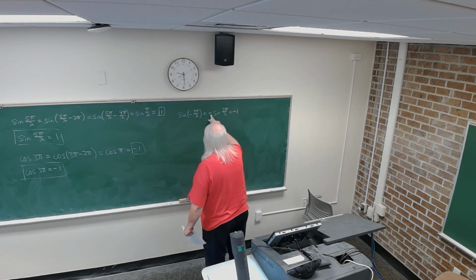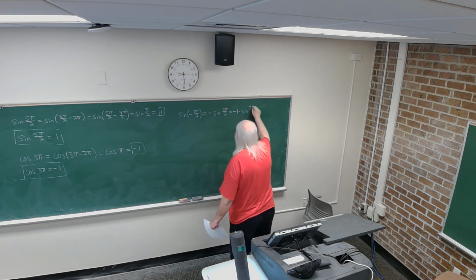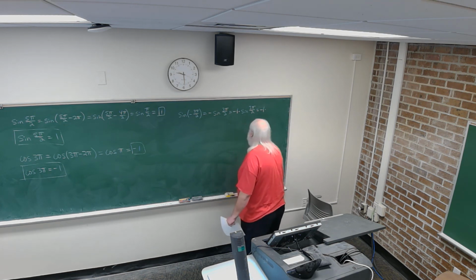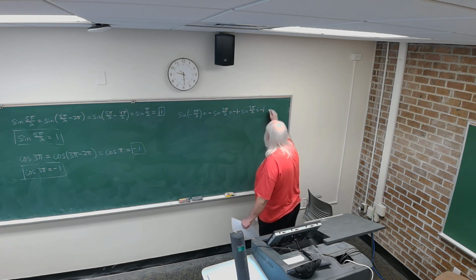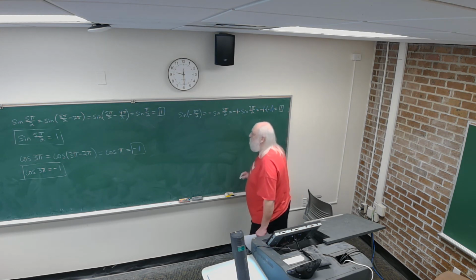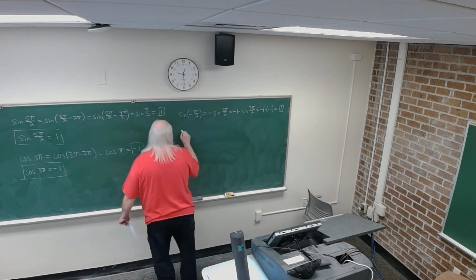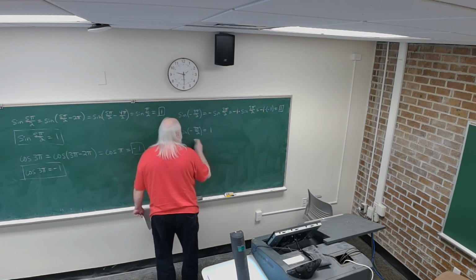So just to emphasize, this minus sign is the same as -1. Well, what's the sine of 3 pi over 2 equal to? It's equal to -1. And -1 times -1 is +1. So the sine of minus 3 pi over 2 is equal to +1.